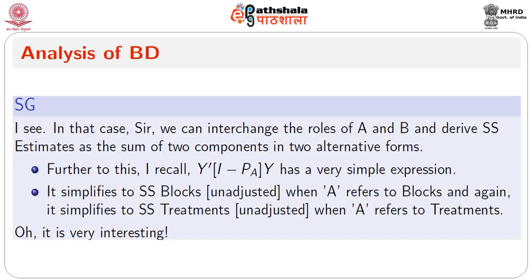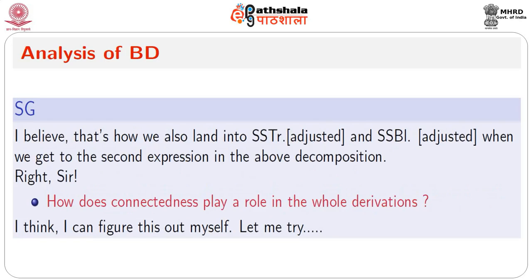It simplifies to the sum of squares of blocks unadjusted when A refers to blocks, and again it simplifies to the sum of squares of treatment unadjusted when A refers to treatments. Oh, it is very interesting, sir. Sir, I believe that's how we also land into the sum of squares of treatment adjusted and the sum of squares of block adjusted when we get to the second expression in the above decomposition, as you have said, right, sir?